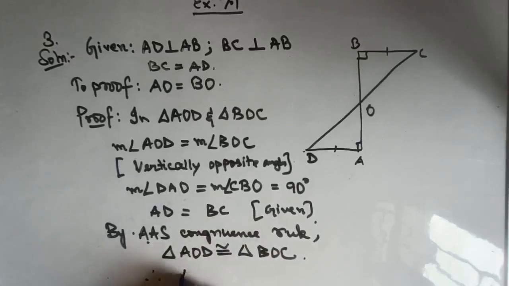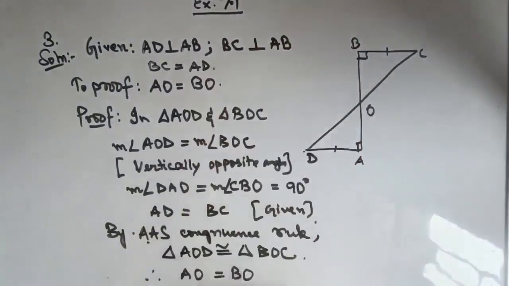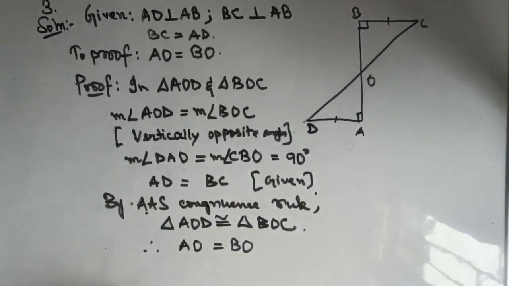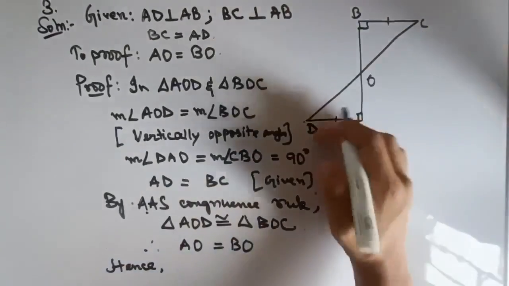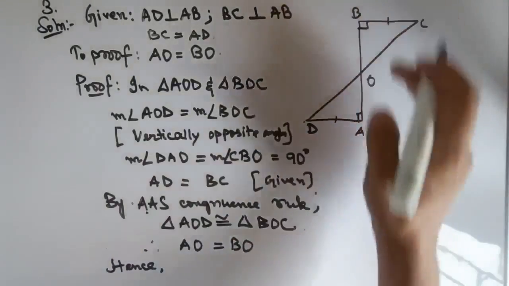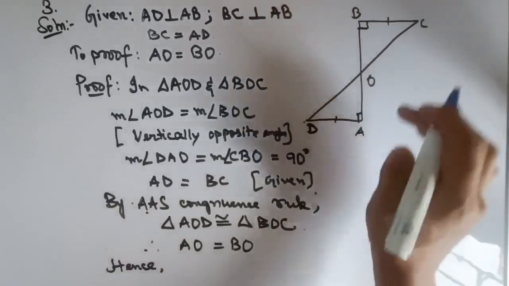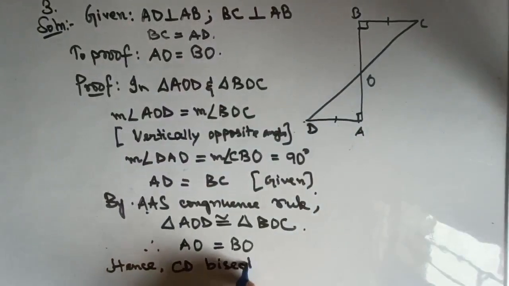Therefore, AO equal to BO. If these two triangles are congruent, then BO is equal to AO. Hence line CD bisects AB such that BO equal to AO. Hence CD bisects AB.